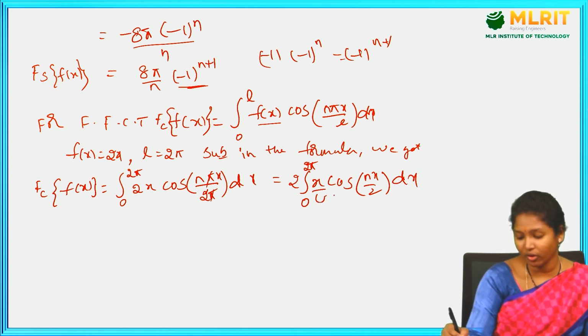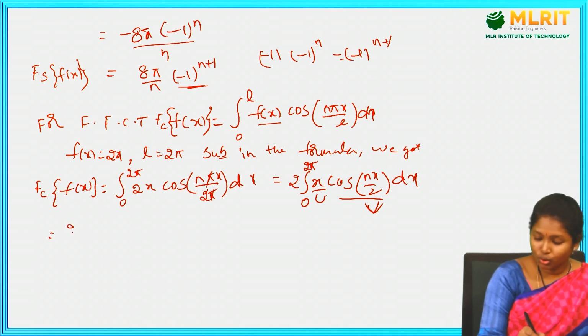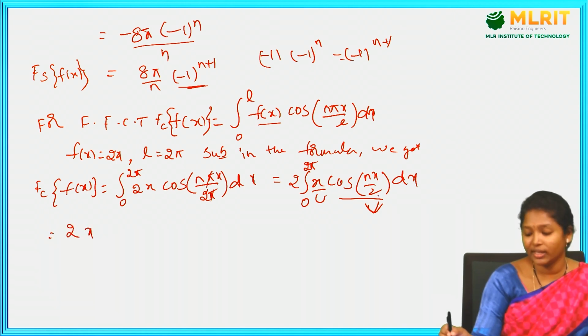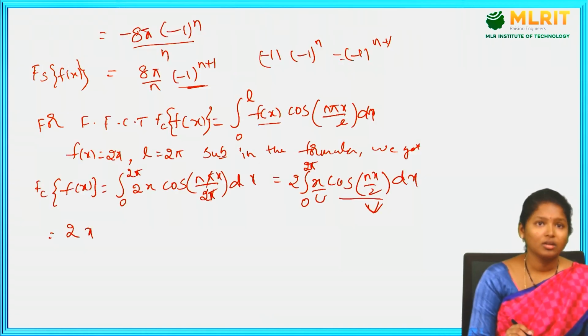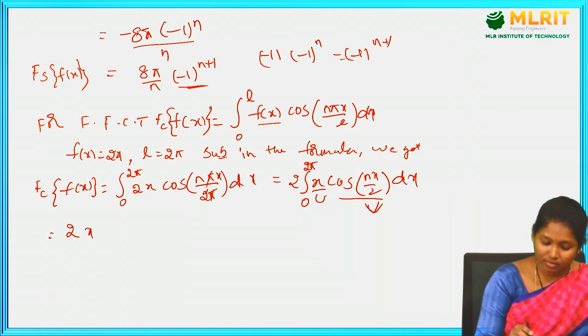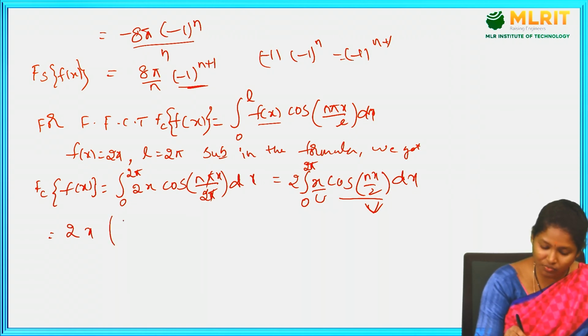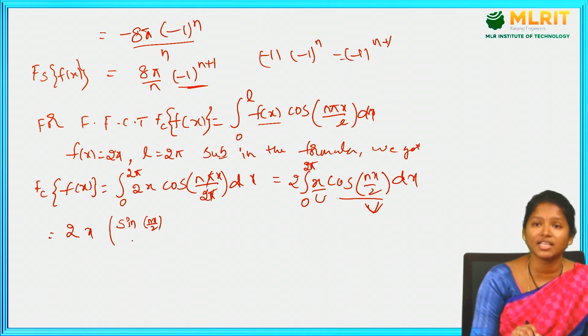Again the UV formula. So I will get 2 into x into the integral of cos. The integration of cos is sin(nx/2) divided by n/2, minus the integral of x differentiation, which is 1, and cos integration, which is sin. In the place of x, nx by 2 is there.